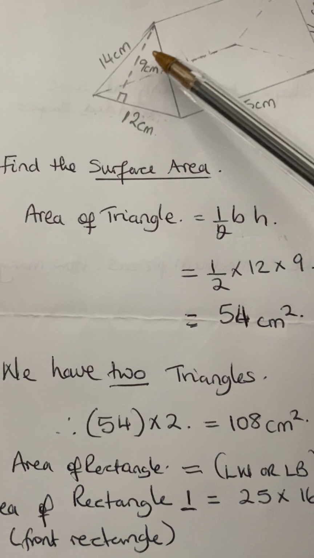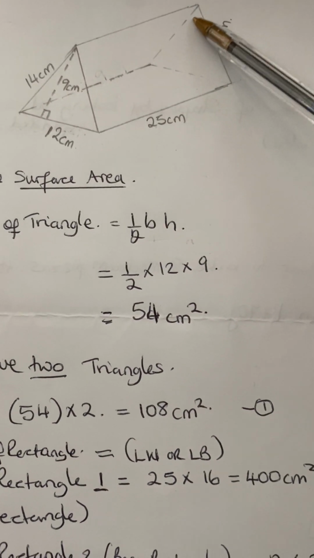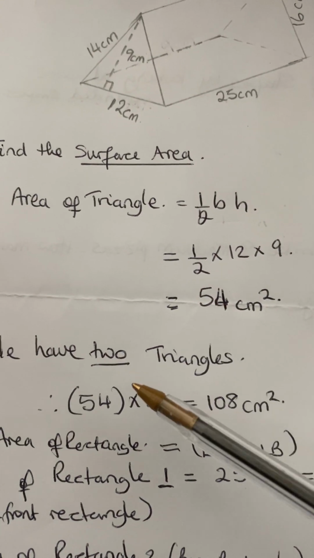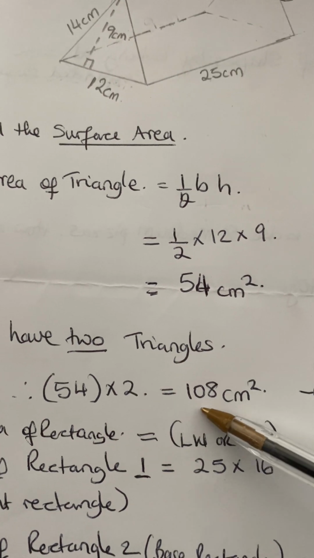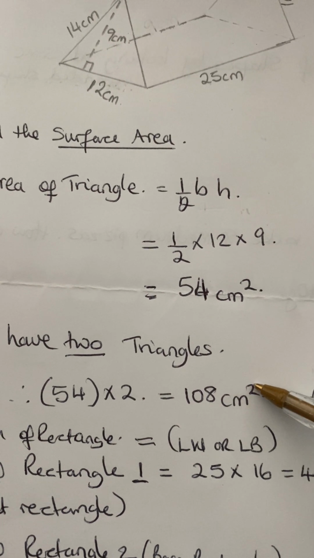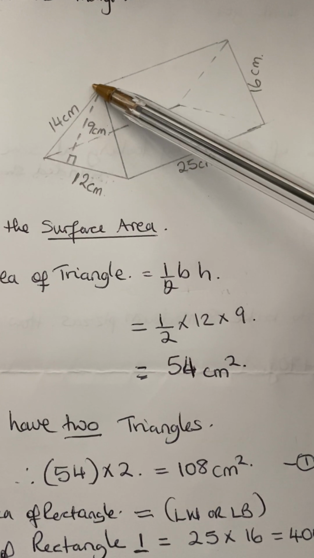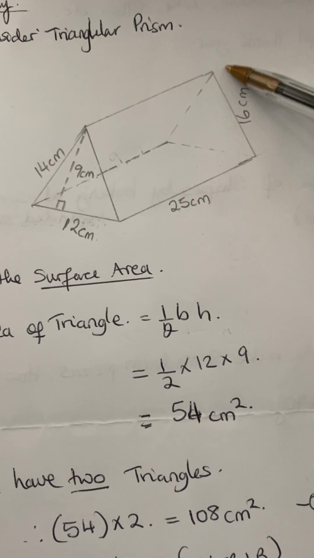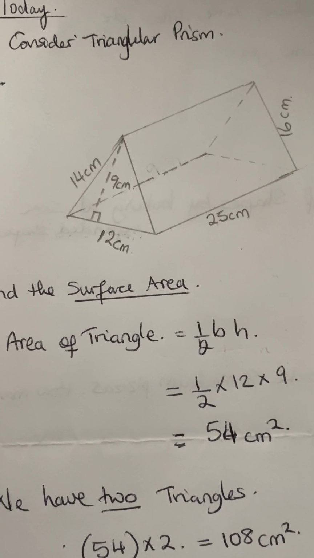So the area of this triangle should be the same as the area of that triangle. So we have 54 times 2, which is 108 centimeters squared. So we found the area of this side and this side of the triangular prism.